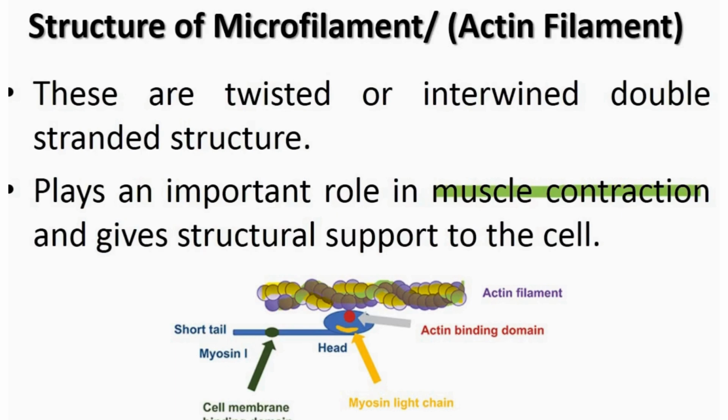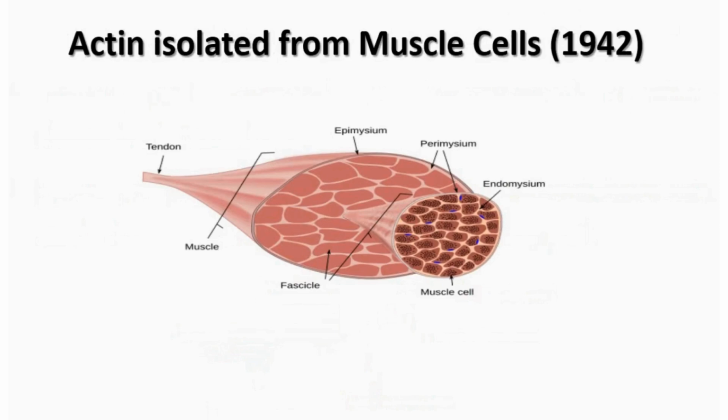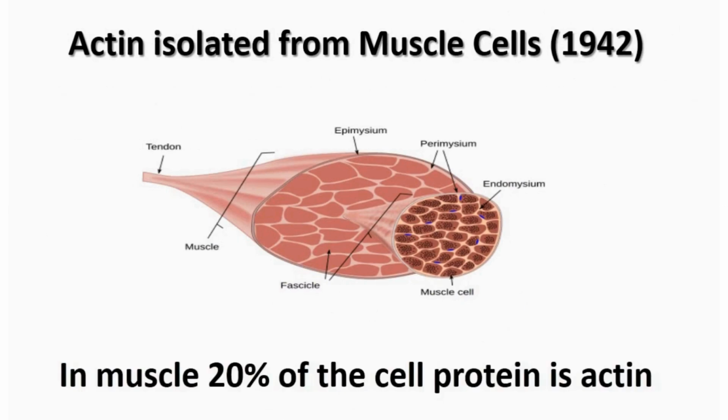muscle physiology. Why I said this is because actin that we are studying today in 2021 was also isolated from muscle cells way back in 1942. From the present perspective, we know that in muscle 20% of the cell protein is actin.